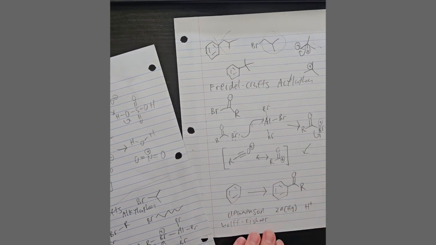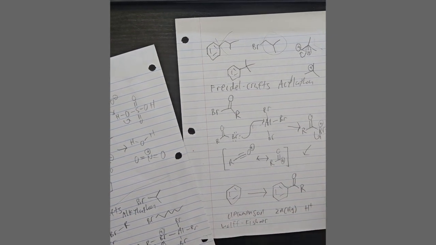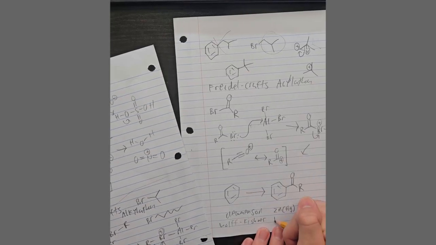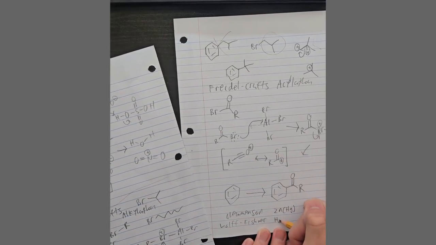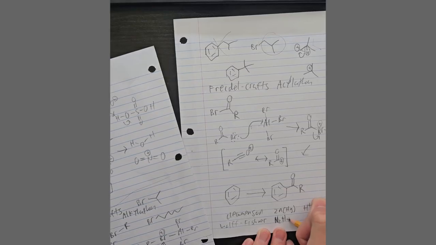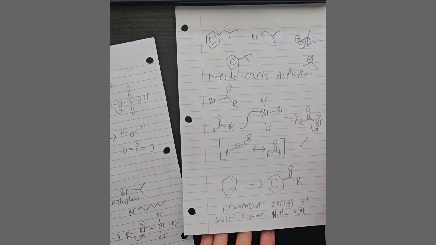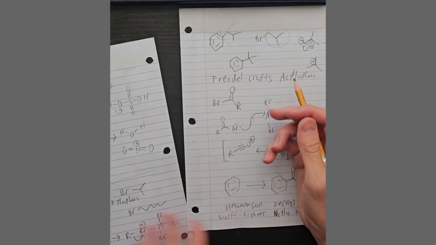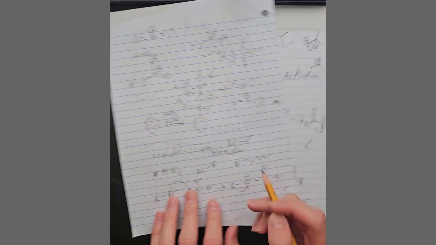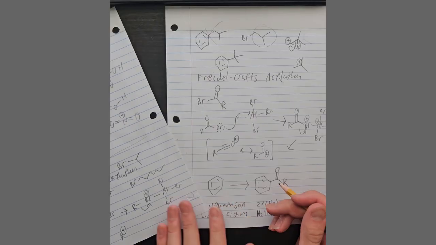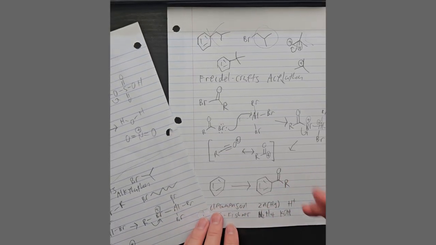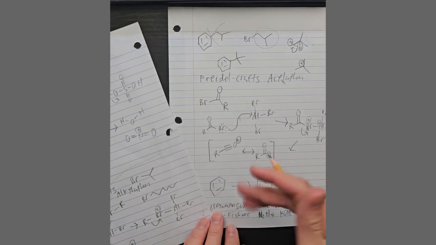I'm not sure if I spelled that right, but it's close enough. Which is hydrazine, N2H4, and a basic environment. One thing to note about Friedel-Crafts acylation and alkylation is that in order to do that, the ring has to be more reactive than or equal to benzene.